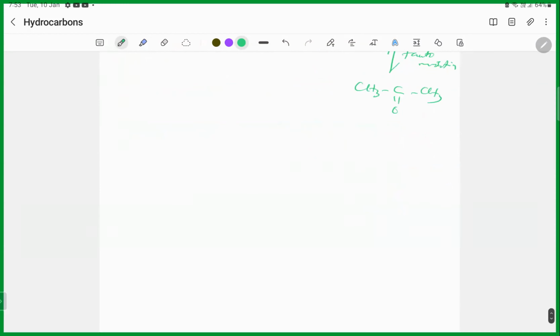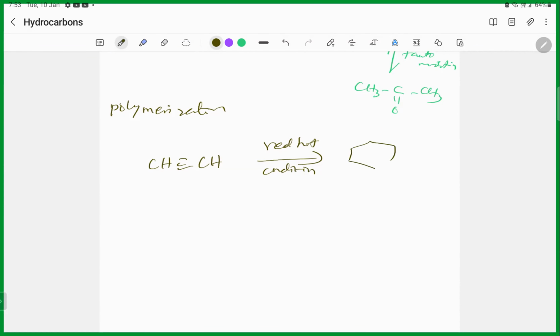Same way, it will undergo polymerization. When you have acetylene and you are heating in red hot condition, it will give benzene as a product.